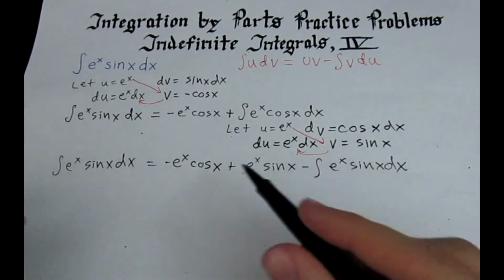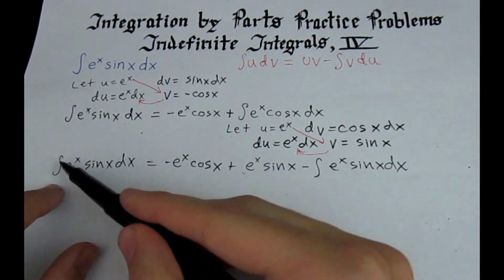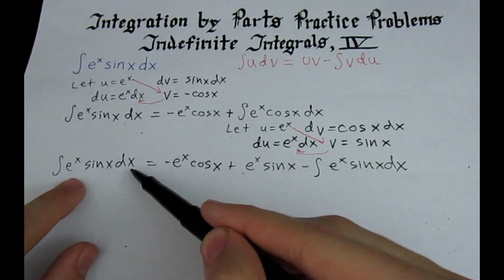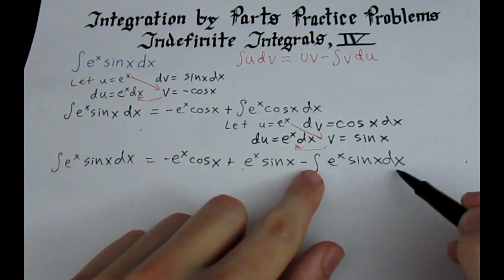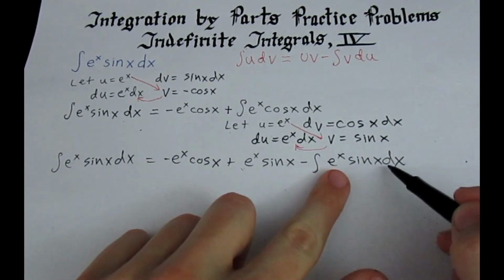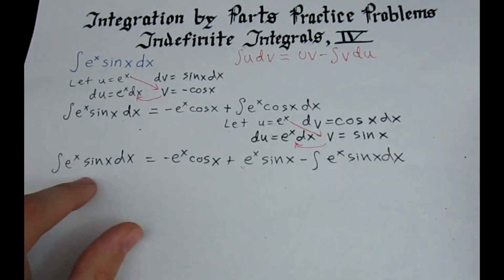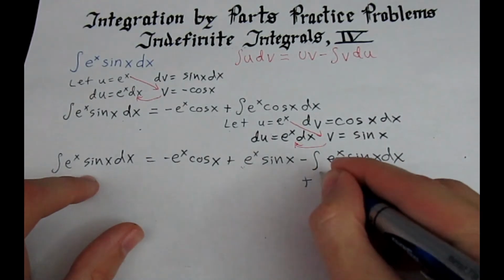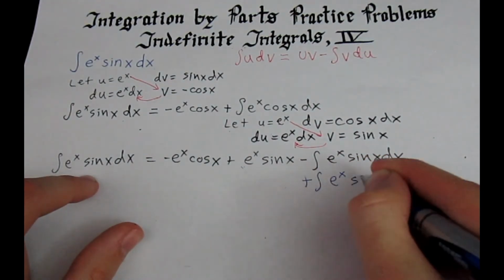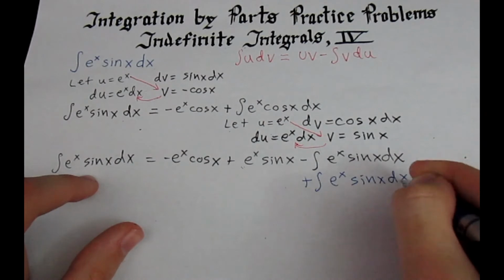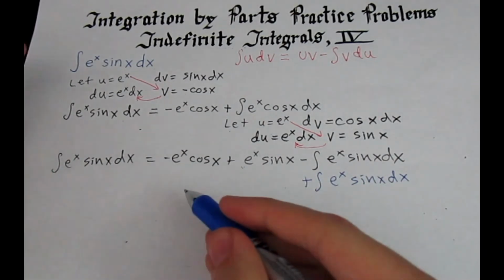Notice that we have the integral of e to the x sine of x dx on this side, and we have the integral of e to the x sine of x dx on the other side. They're the same. So why not just add, as if it's simple algebra, this to both sides.